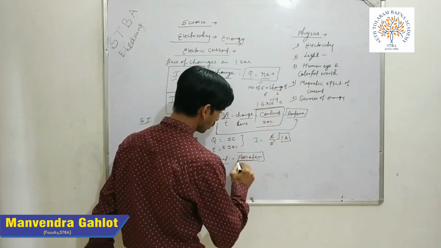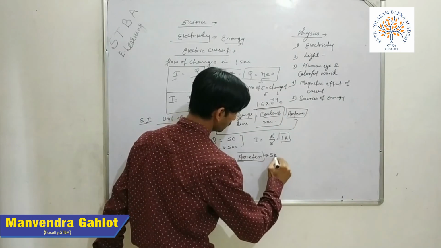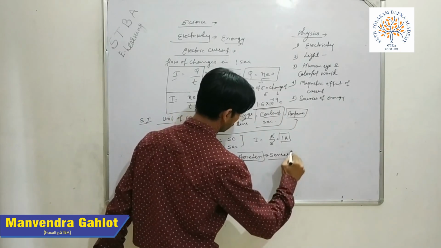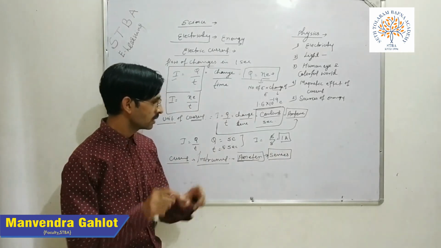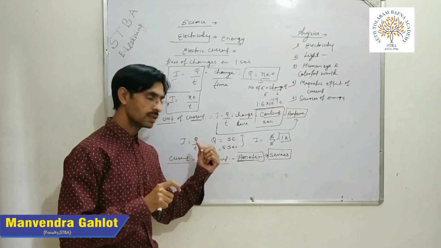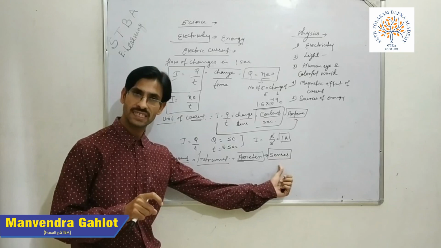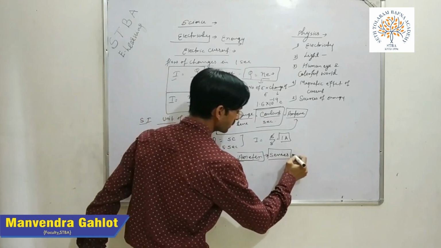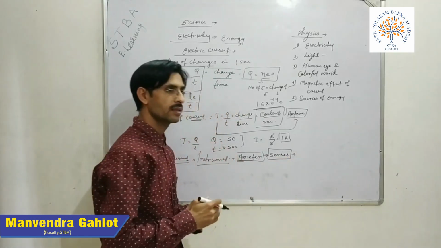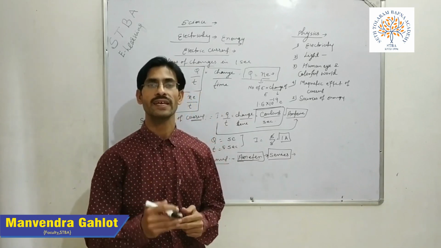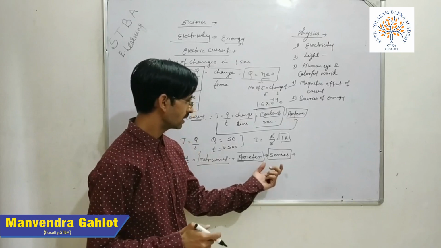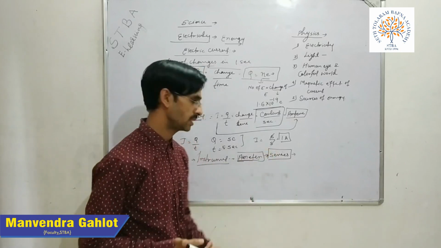It is always connected in series in an electric circuit, which we will discuss later after this class. Series means that when two or more electrical appliances are connected end to end, we say this is a series combination.